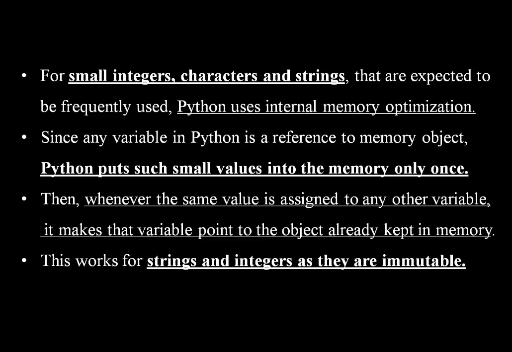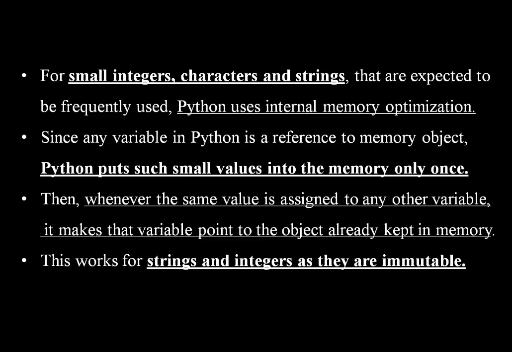Since any variable that is used in Python is a reference to an object in the memory, Python puts such small values once in the memory, and if that value is referred by another variable, it will make that variable also point to this value.